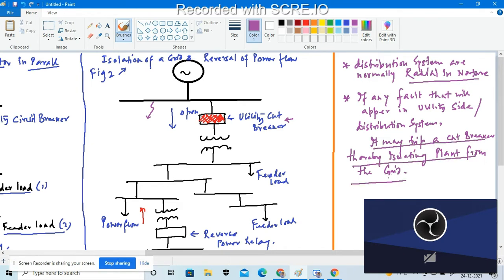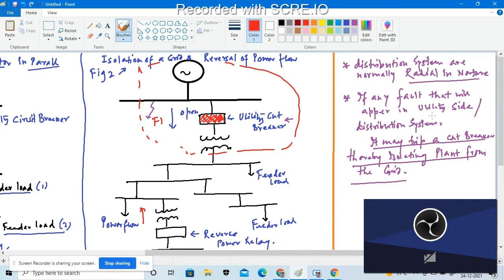Okay, so what I have said is that if any such kind of fault appears in this particular section, suppose fault 1, what will be the function of this utility circuit breaker?